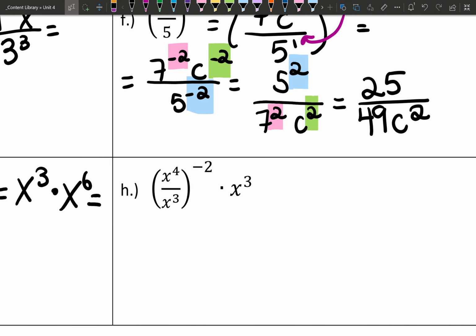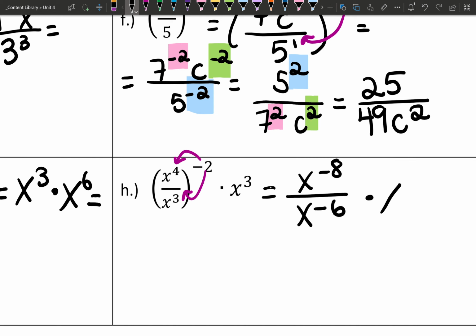Letter H. Ooh, we got to do a little bit first. We've got to multiply by that -2 in that quotient for that quotient power rule. So we get x to the power of -8, x to the power of -6 times x to the 3rd. I don't necessarily need to rewrite that quotient right now. I don't need to flip them.